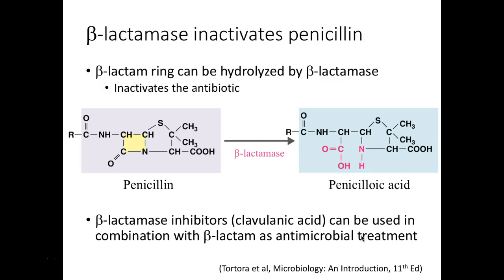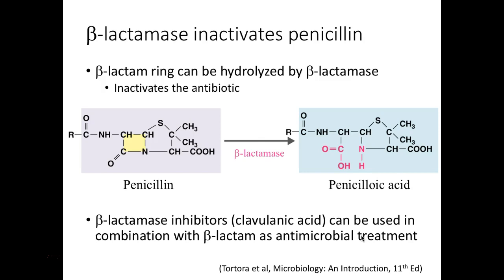What I want everybody to do now is draw out a mock result for the following. Set up a small-scale broth dilution experiment. Let's say we've got 16, 8, 4, 2, and 1 microgram per mil of an antibiotic.